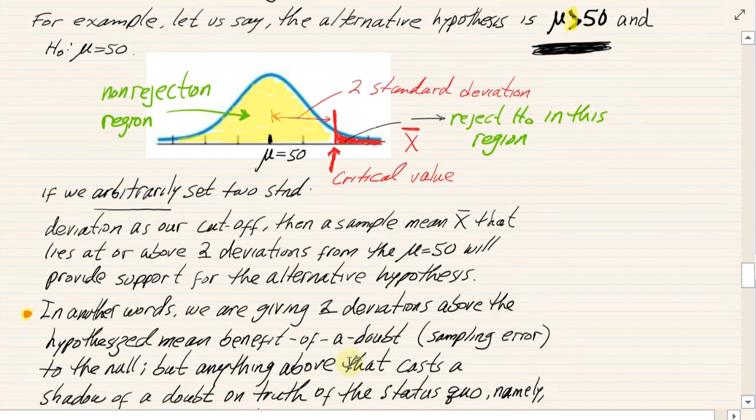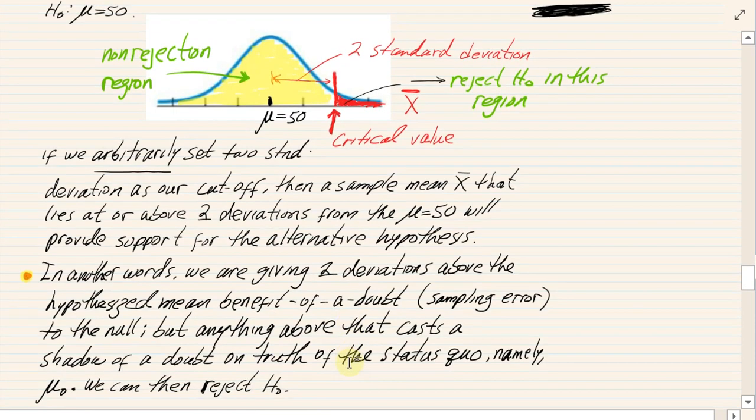So again, with a 2 deviation cutoff, we're giving everything below that the benefit of the doubt, I call it, to the mean. That the difference between the sample mean and population mean is just sampling error.